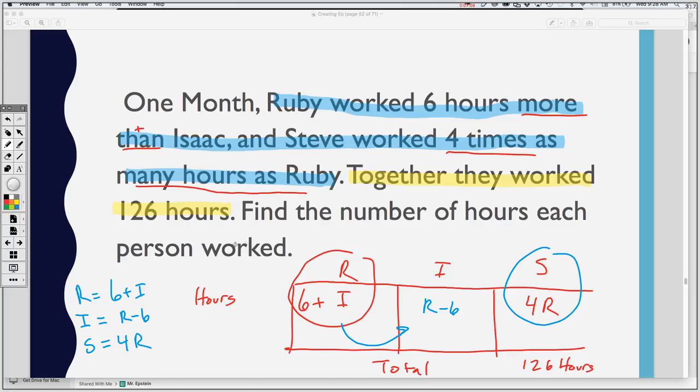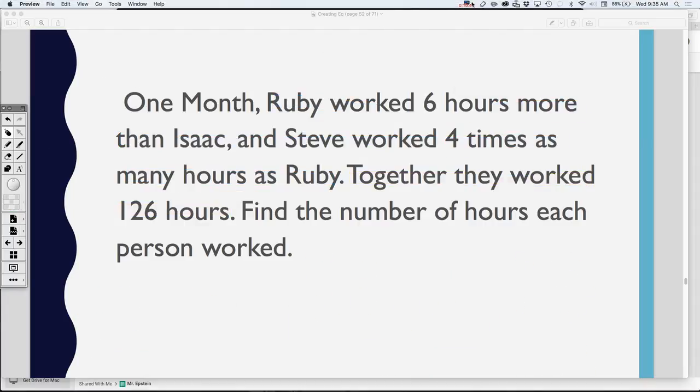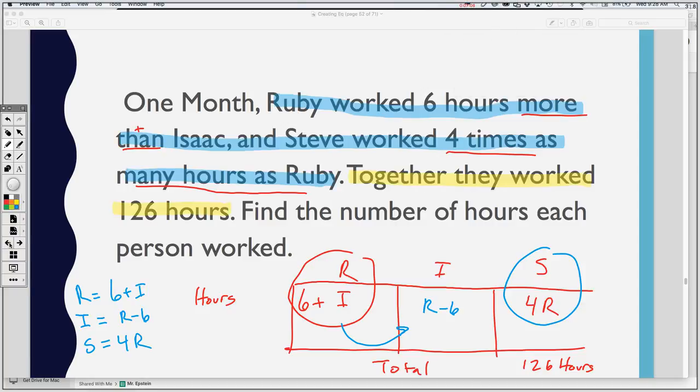All right, let's pause. Okay, so let's do the yellow equation right here, and then we're going to find something about this I that actually doesn't work. So for this together, they worked 126 hours. So Marcella, how do you do together?